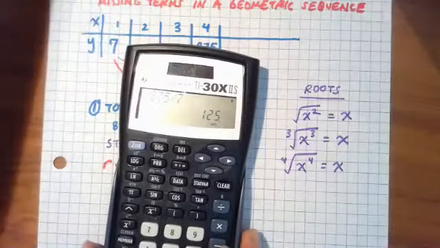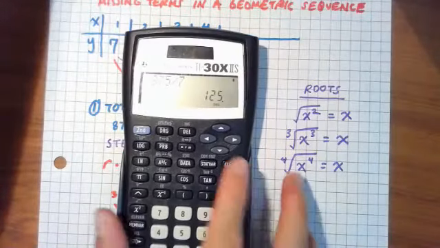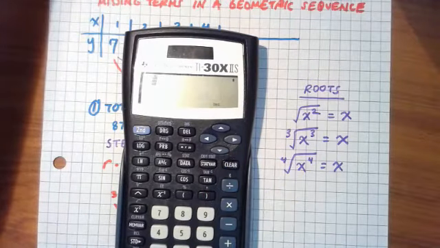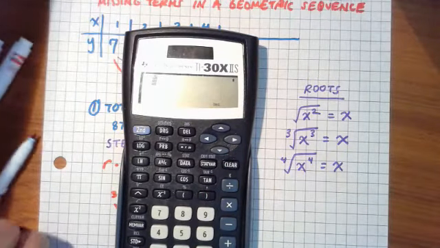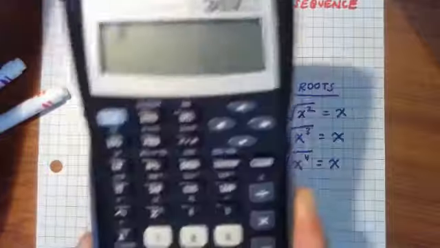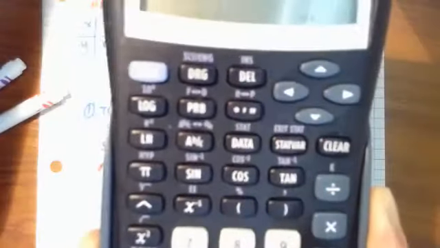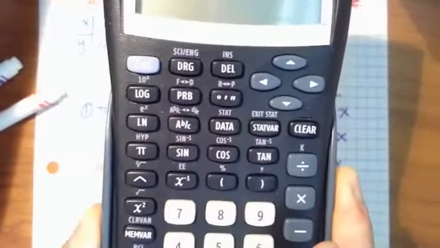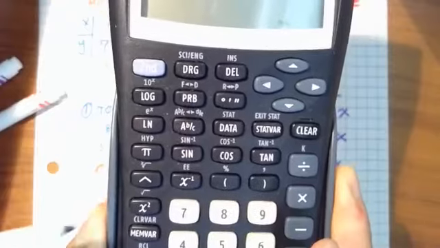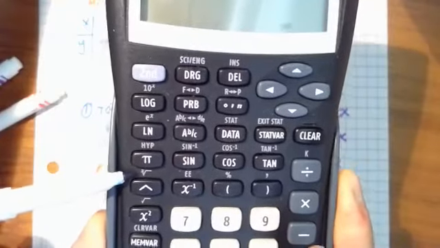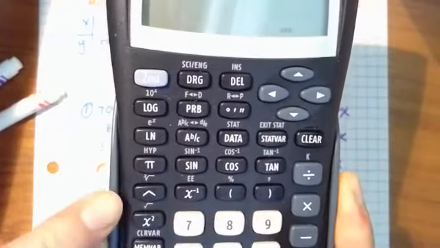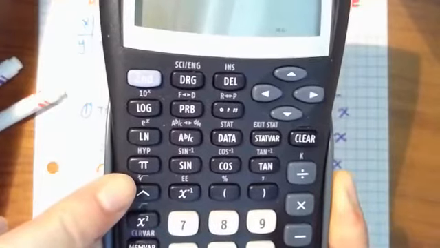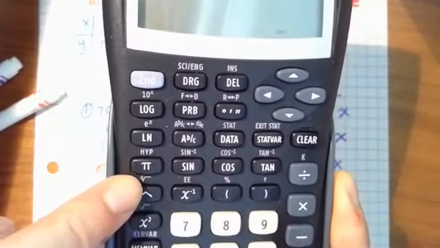To do that, you can use the calculator again. If you have a scientific calculator like this, what you want to look for is the button that has this kind of symbol, the x with the root sign.